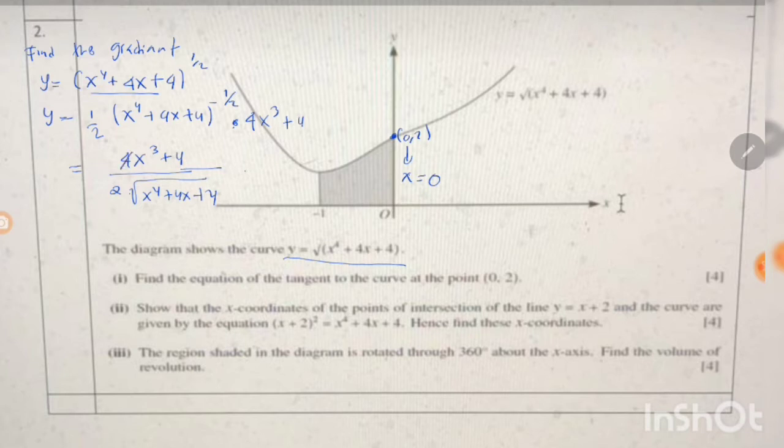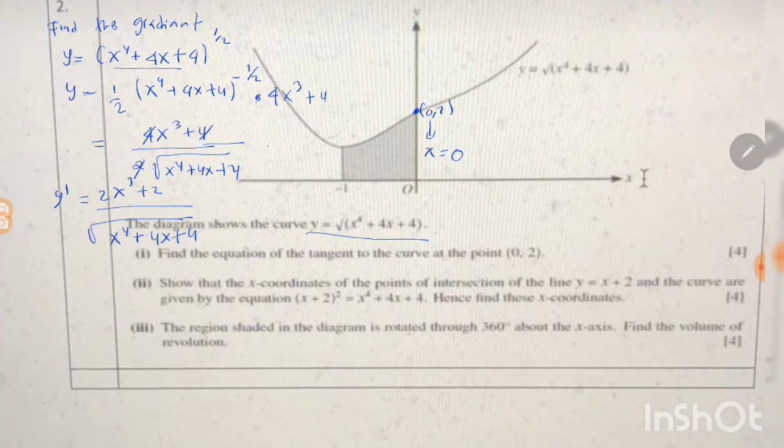This one you can divide, so you have y prime, the first derivative of y, equals (2x to the power of 3 plus 2) over the square root of x to the power of 4 plus 4x plus 4.